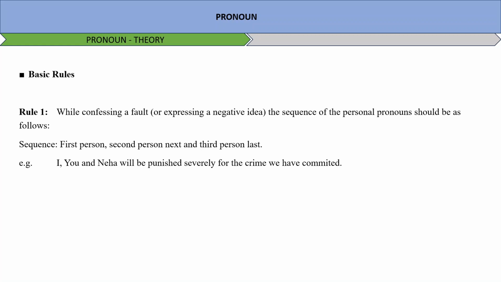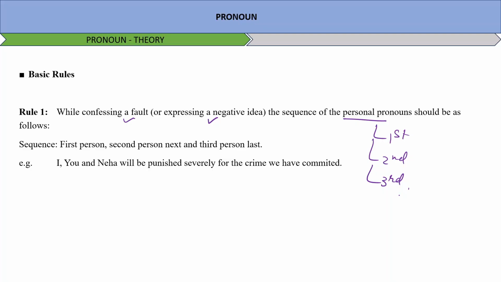In questions, when you are answering or trying to find an error in a sentence, there might be options like you, I and Neha; I, you and Neha; I, Neha and you. Personal pronouns have three persons: first, second and third. If all three persons are used in a statement, what should be the sequence of their usage?